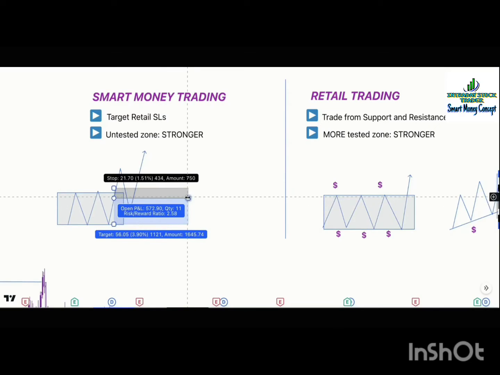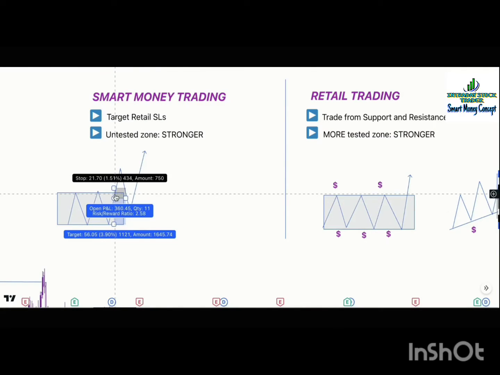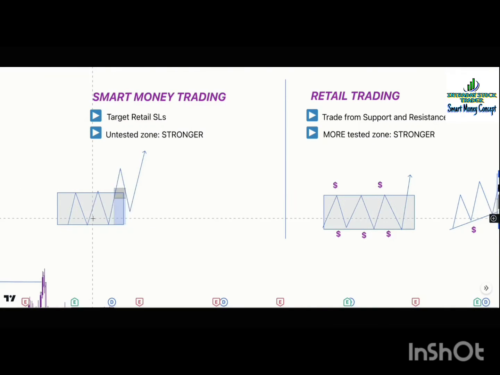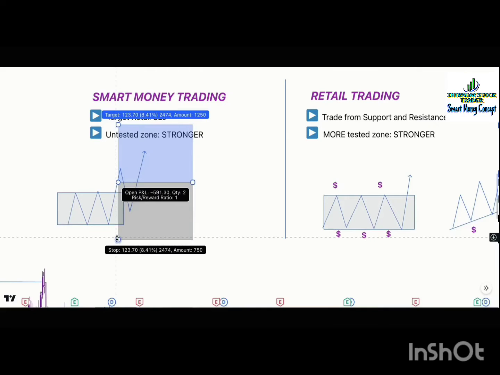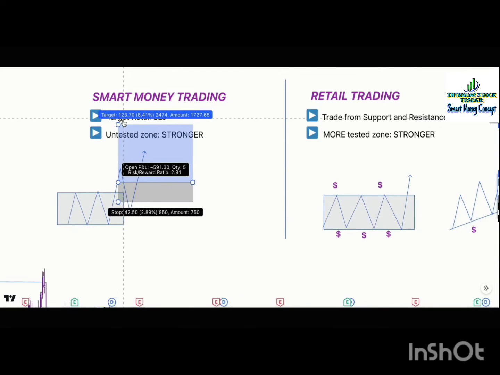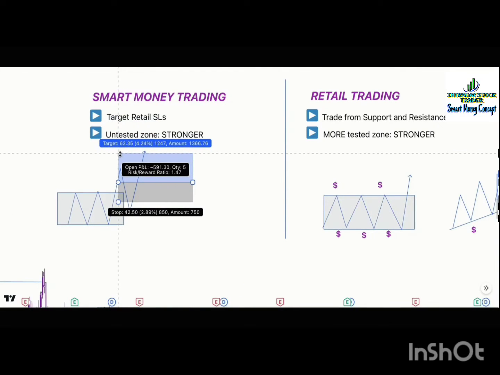What happens is that your stop loss got hit, and then comes your breakout strategy. When you see a breakout here, you place another trade here, putting a stop loss below it, maybe targeting 1:2 or 1:1.5, then again your stop loss got hit.